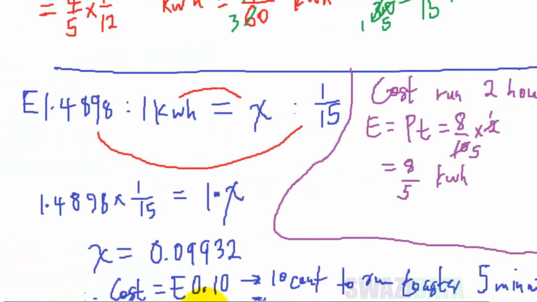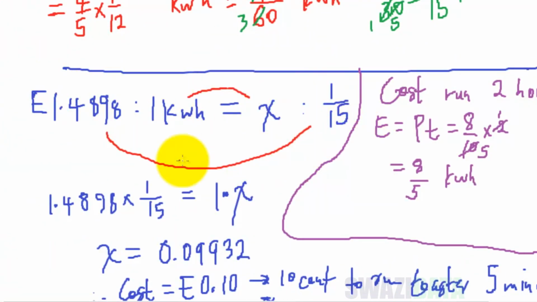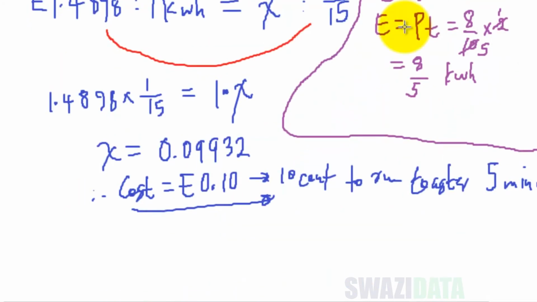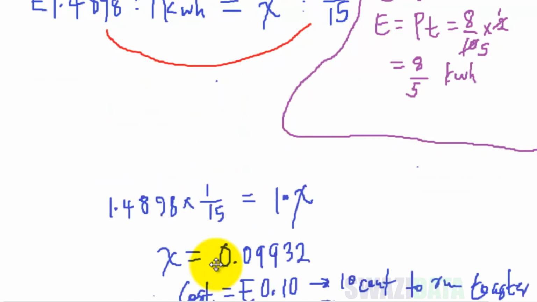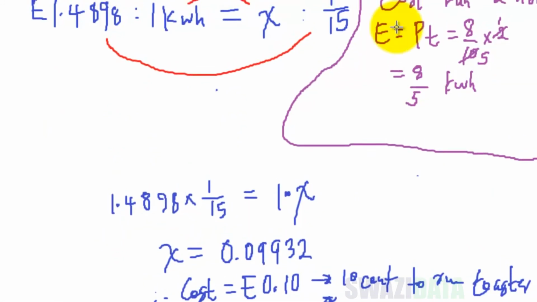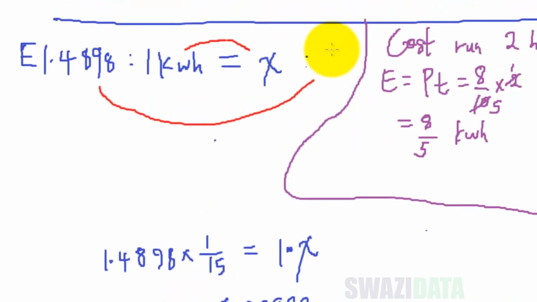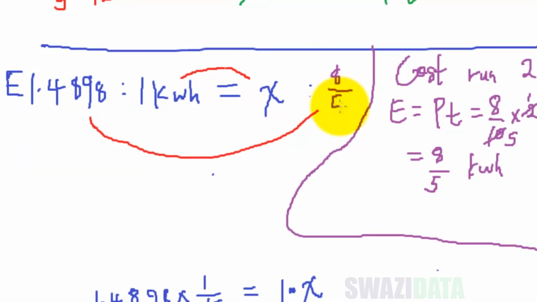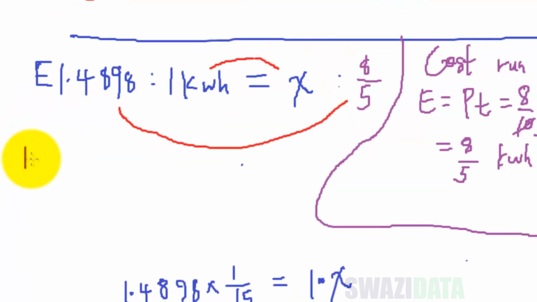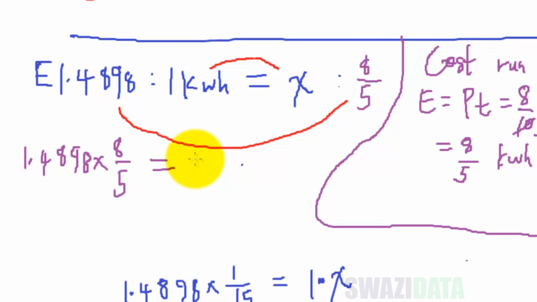Now with 8 over 5 kilowatt hour, we use the same formula. 1.4898 multiplied by 8 over 5 is equal to 1 times x, which is x.